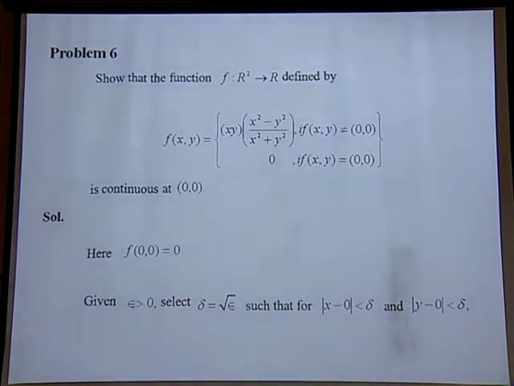Given epsilon greater than 0, we are selecting delta equal to under root epsilon. Why are we considering delta equal to under root epsilon? This is always chosen according to our need. You will find out that in the end, to prove the result, we need delta equal to under root epsilon.